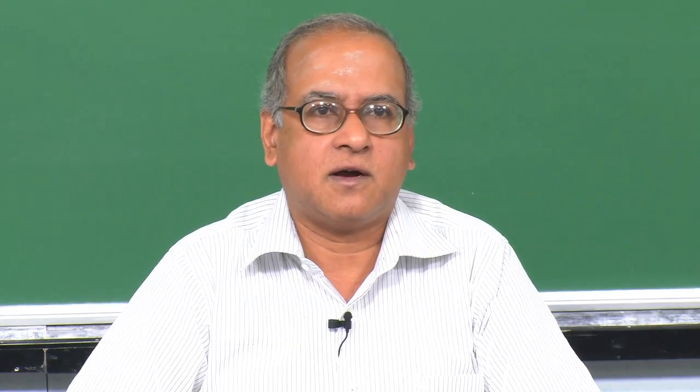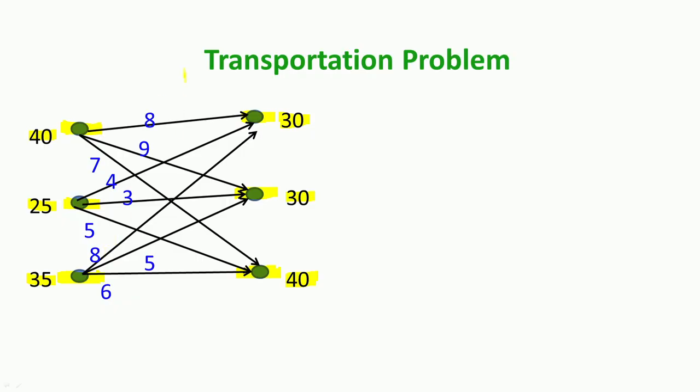Obviously, there is going to be a cost of transportation. Now, this cost of transportation is given as a unit cost. For example, this 8 is the cost of transporting 1 unit from this supply point 1 to the demand point 1.